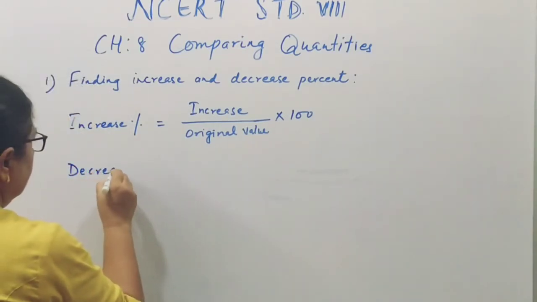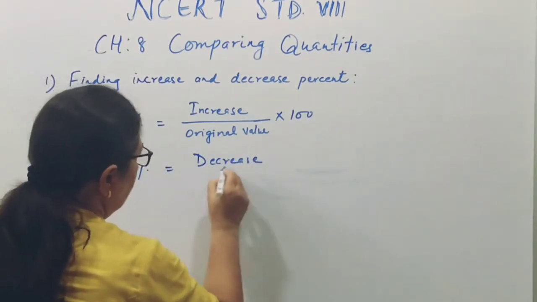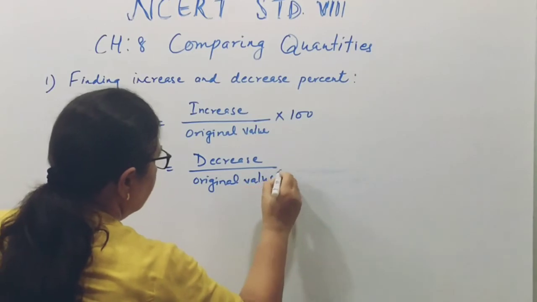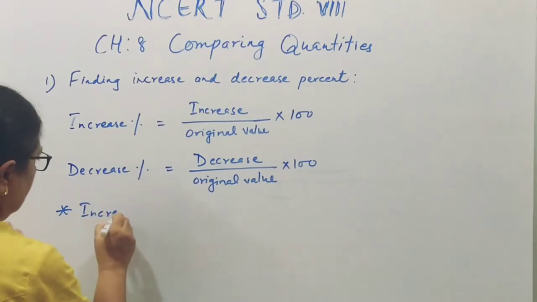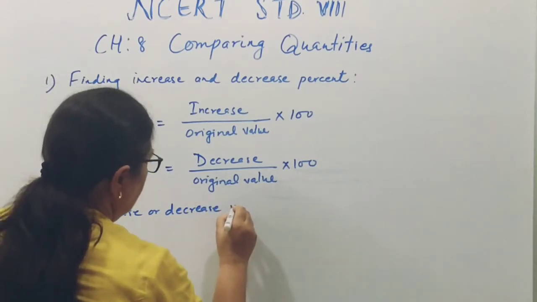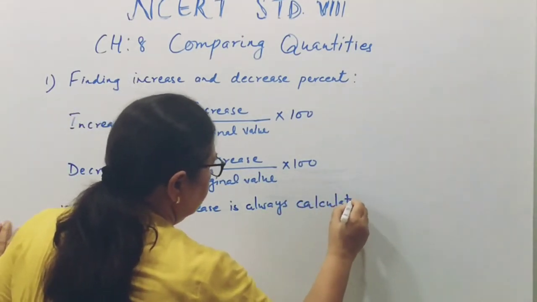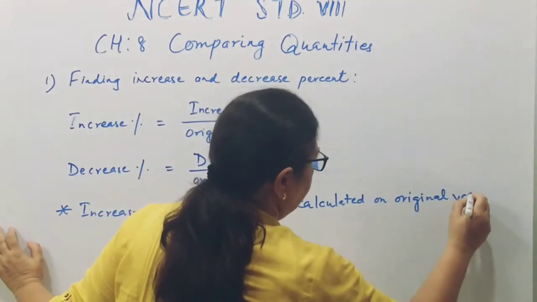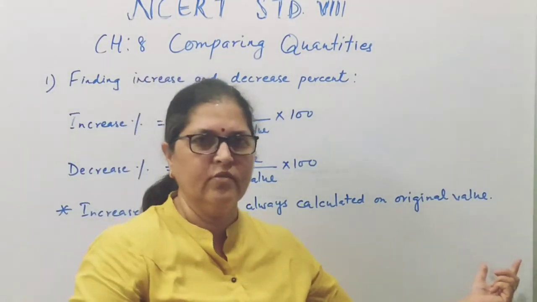Similarly, decrease percent is decrease upon original value, that is initial value into 100. Increase or decrease is always calculated on original value.